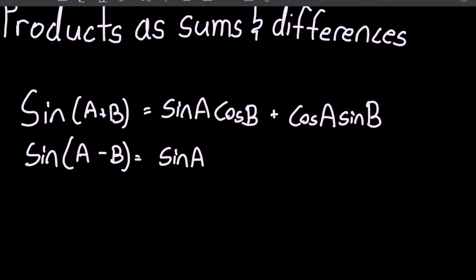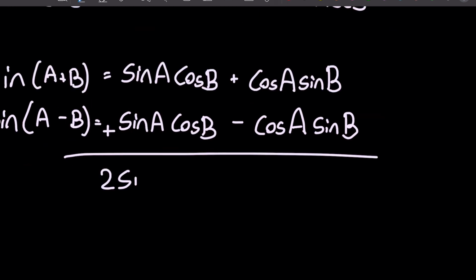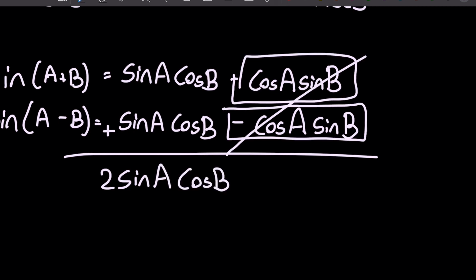Now if I have both of these and I add them, what would I get? Sine a cos b plus sine a cos b is the same thing as 2 sine a cos b. And cos a sine b minus cos a sine b is nothing, so this cancels out.